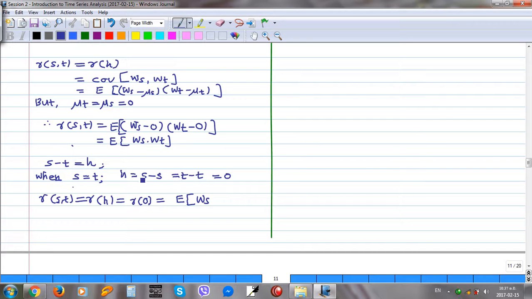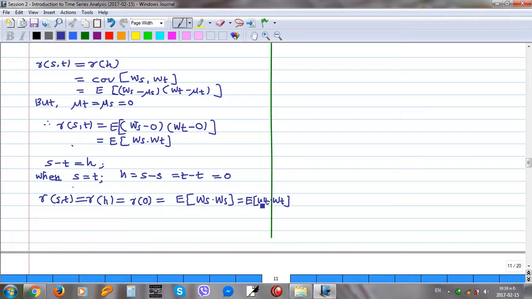Now s equals t, so instead of t we can write s, or instead of s you can write t, because t and s are equal now.